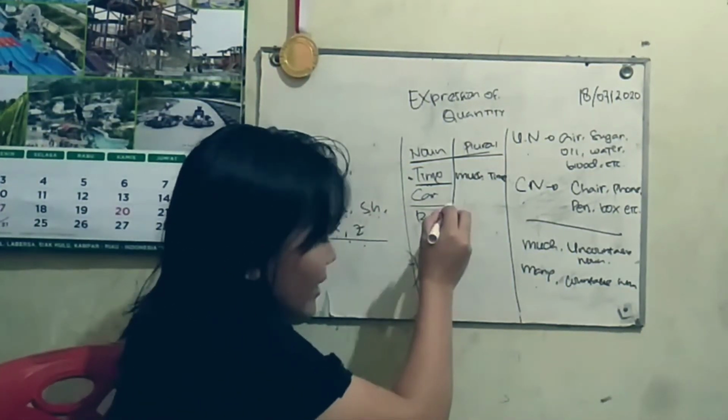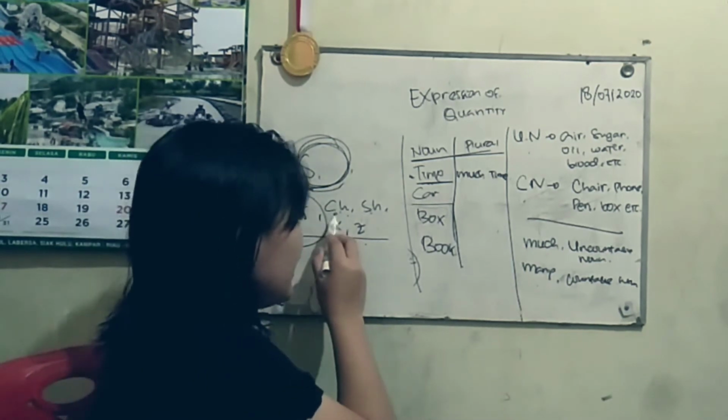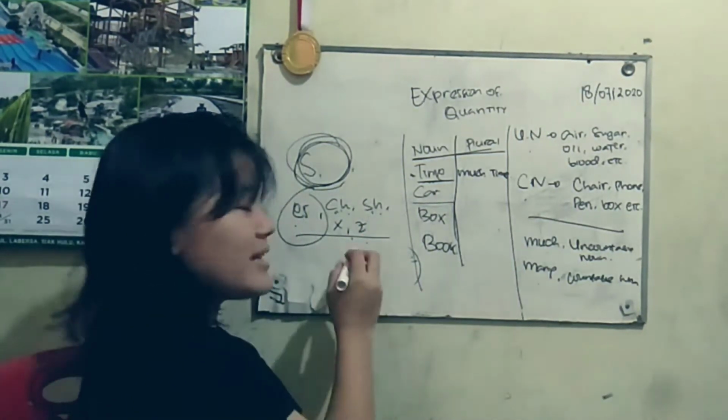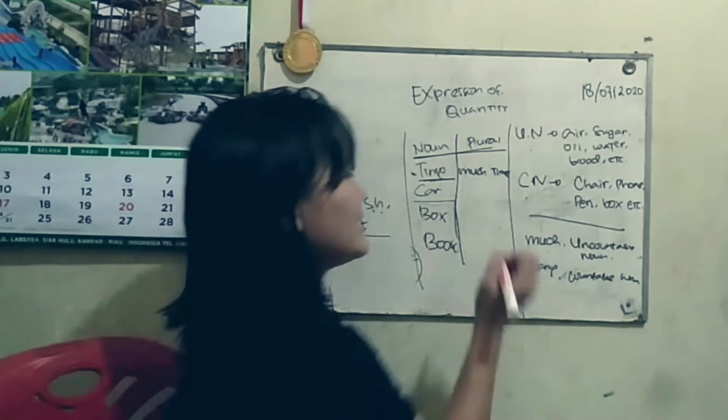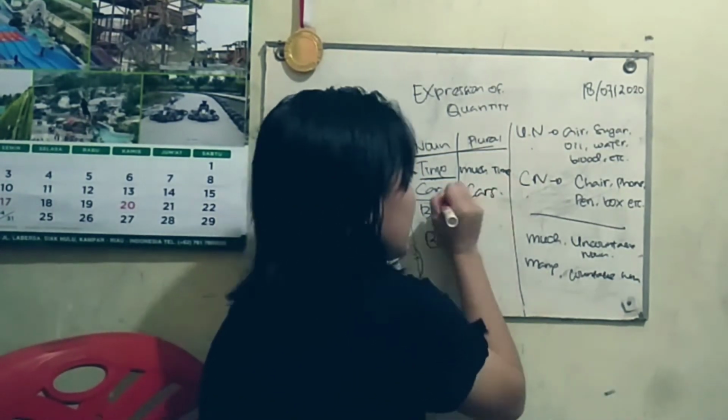So car doesn't end with ch, sh, x, or z, so we must add s at the end. So the plural form of car is cars.